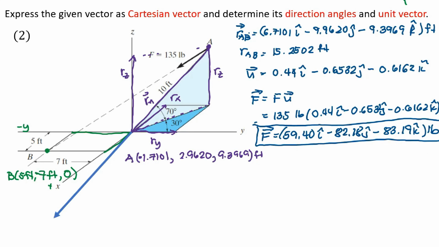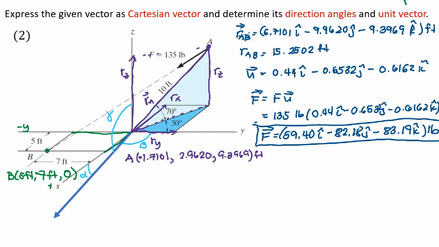From here, we will get its direction angles. This is positive x, so this is alpha. This is positive y, so this is beta. And this is positive z, so this is gamma. So we expect that the answers for beta and gamma are more than 90 degrees.